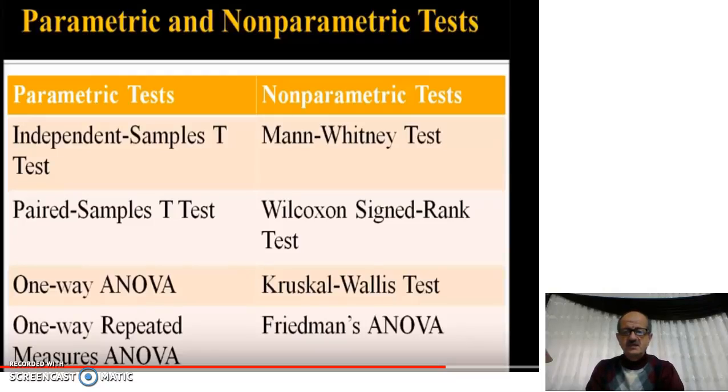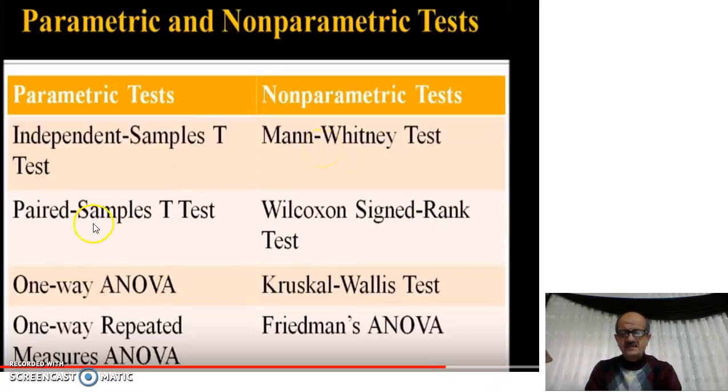What are the non-parametric tests that are equivalent to parametric tests? When we want to compare two independent groups, we usually use the t-test as a parametric test, in case the conditions are met, like normal distribution. If the assumptions were not met, then we use the non-parametric Mann-Whitney test.